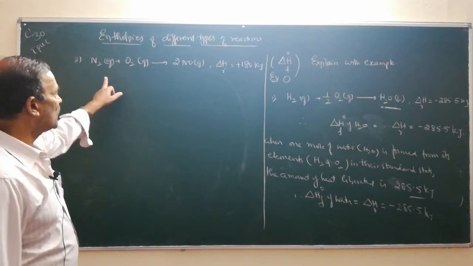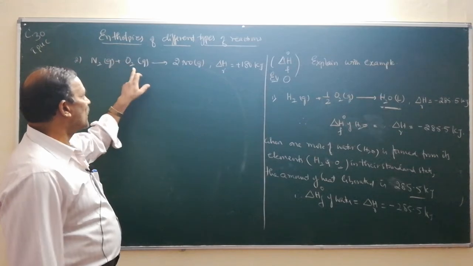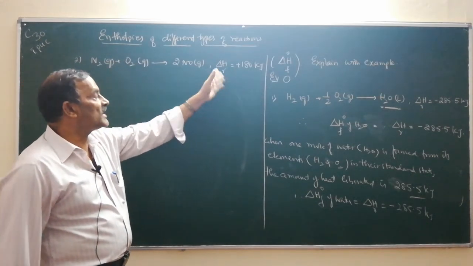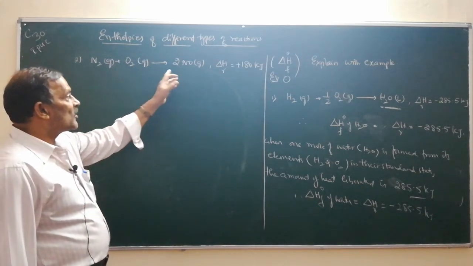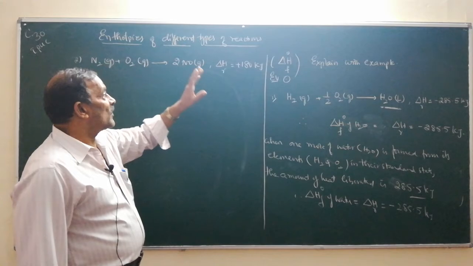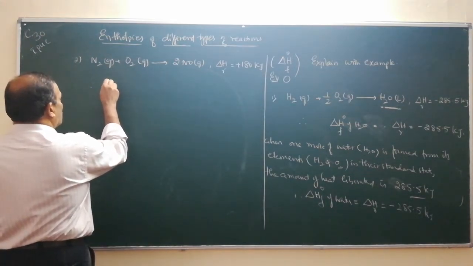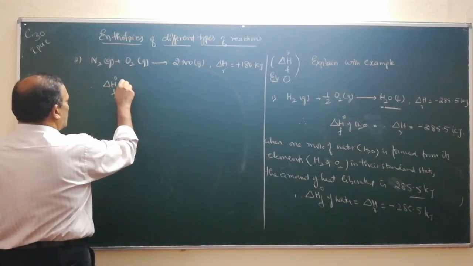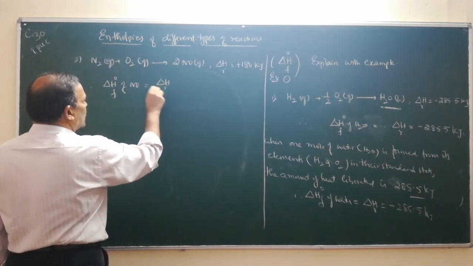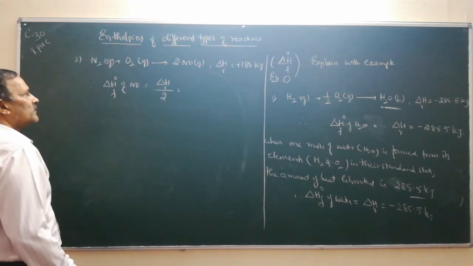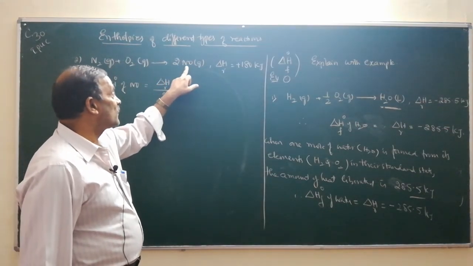So in this reaction, when 2 moles of nitric oxide is formed from its elements, 180 kilojoules of heat is absorbed, but delta HF naught means the amount of heat absorbed when 1 mole of nitric oxide is formed. Therefore, delta HF naught of nitric oxide equals delta HR divided by 2. So this is the amount of heat absorbed when 2 moles of nitric oxide is formed.